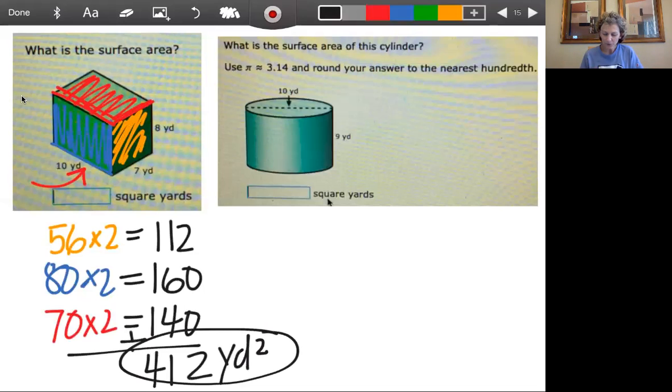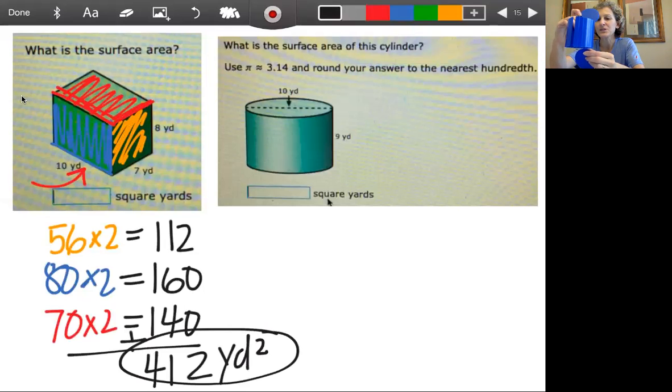Okay? Now when we look at the cylinder, it's a little more complicated, but I know you can do it. And I think I showed you this in one of the videos, but check this out. Here's my cylinder. If I take out the center, this is like the coolest thing. If I take a cylinder apart, guess what it's made up of? Remember, surface area, I want the area of all the surfaces. The top is a circle.